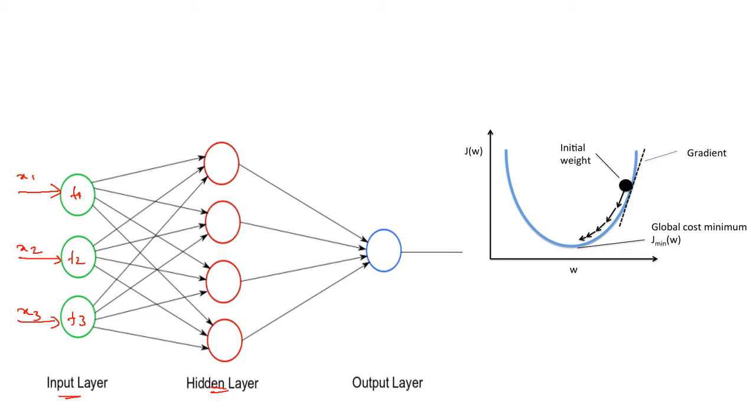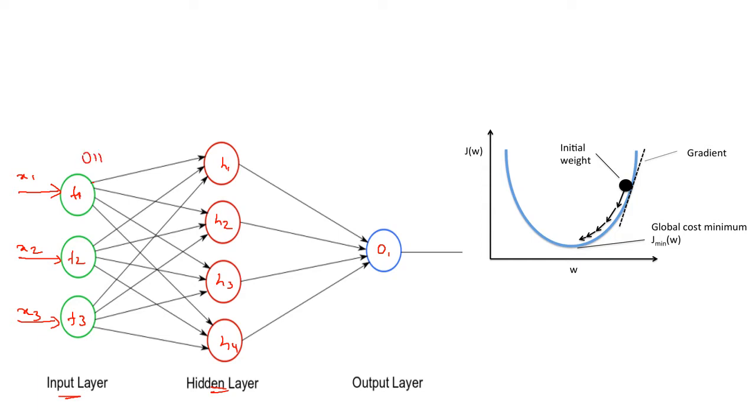In the hidden layer we have four nodes, hidden 1, hidden 2, hidden 3, hidden 4, and in the output layer we have one node, that is output 1.